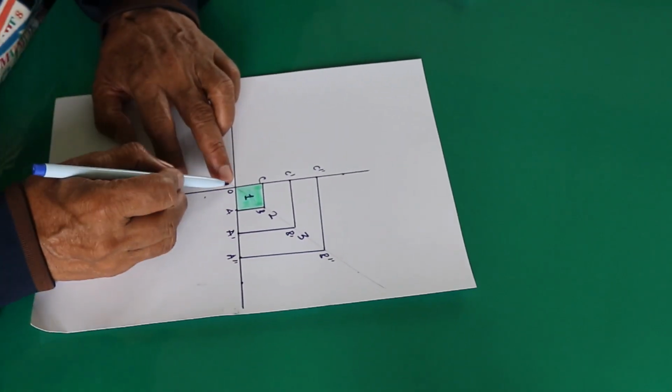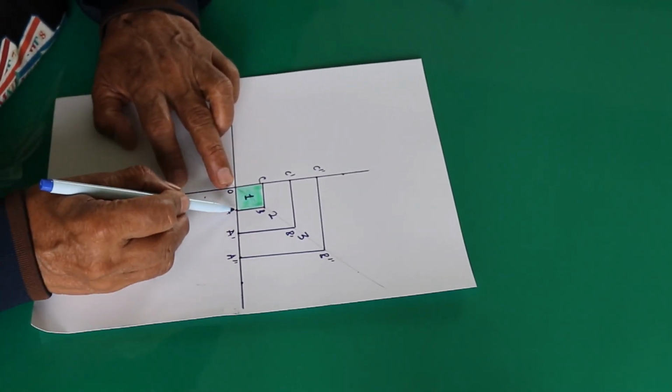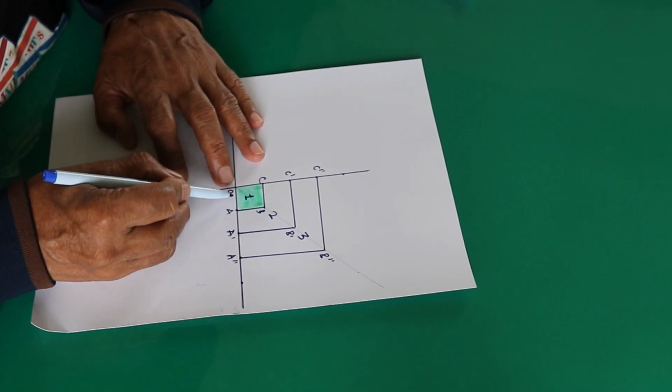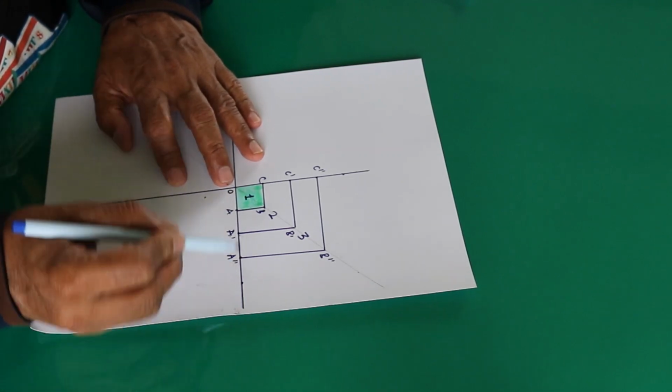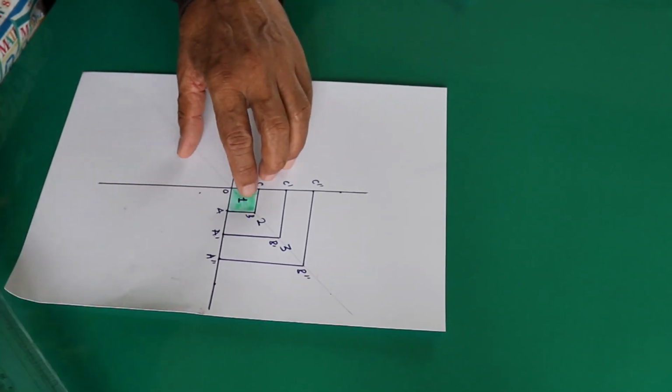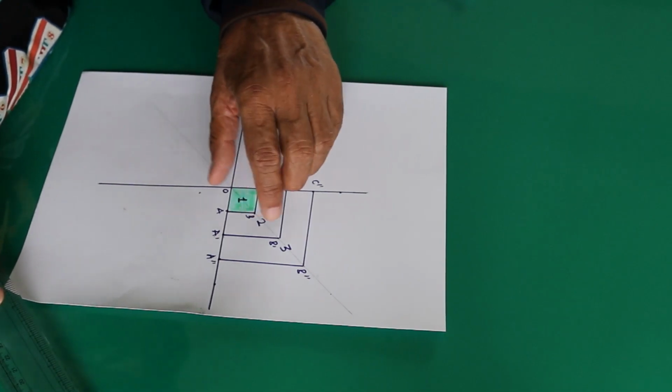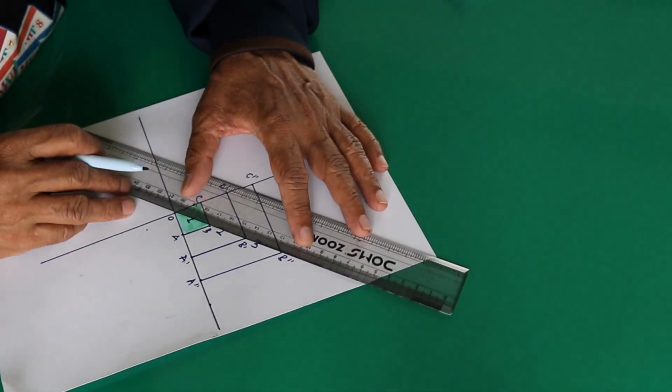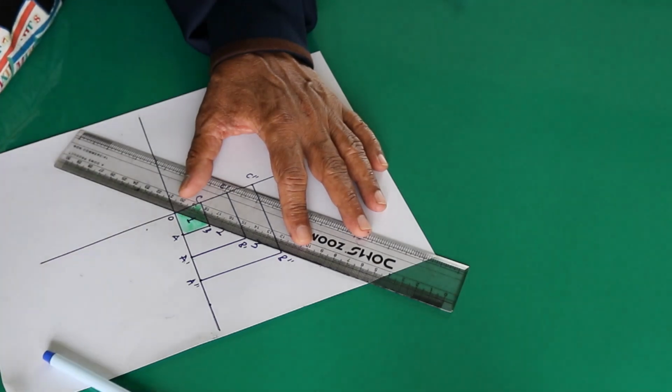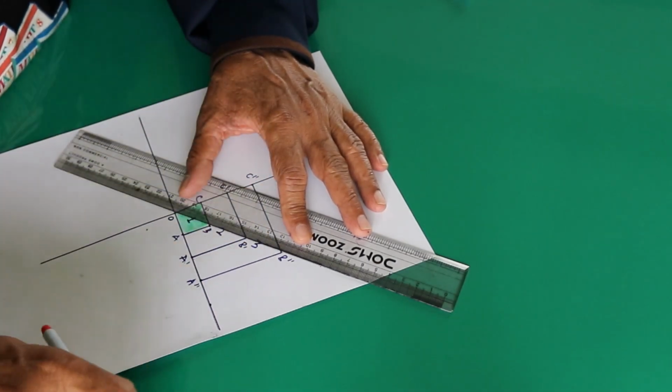Now look at here. The vertices A' and A'' lie on the same line. And here too the vertices B', B'' lie on one line. Let's draw this line with a red pencil.